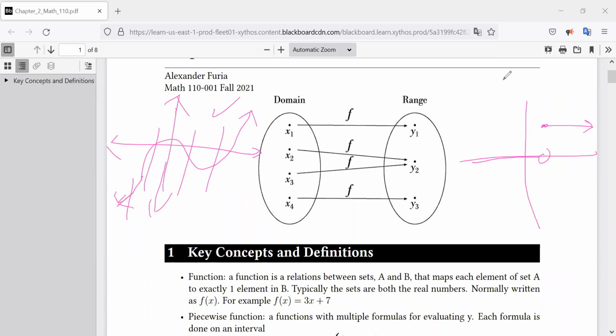But actually, if I have something that looks like this, it's also good because the function is not defined here. If you remember, open circle, not defined. There, filled in circle, defined there.